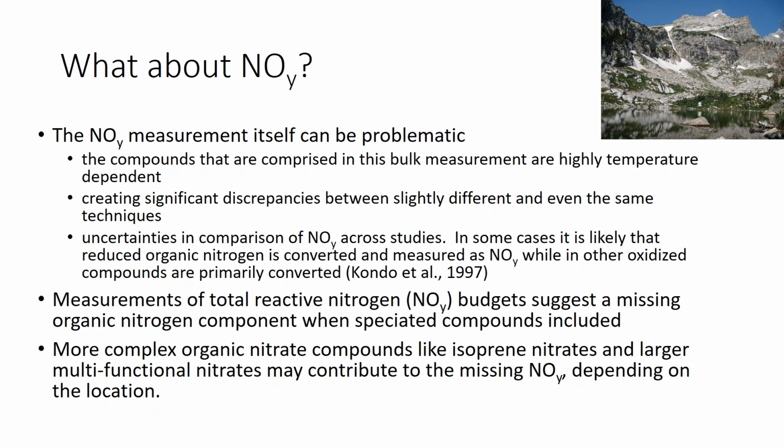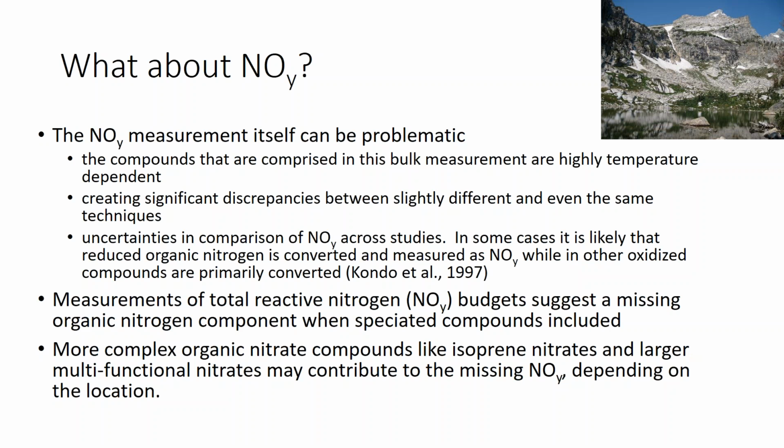People try to look at the NOy budget and then measure the different components, like we mentioned above, PAN and alkyl nitrates, etc. And often we cannot completely recreate the NOy budget with those speciated compounds, so there's a missing organic nitrogen component.